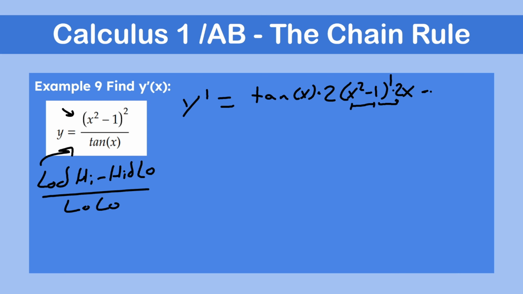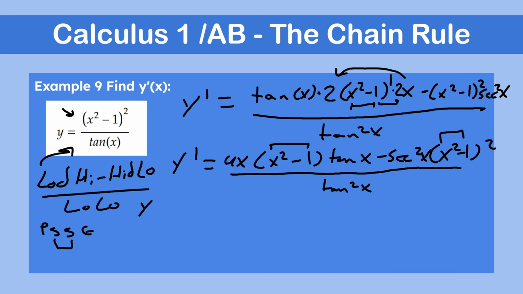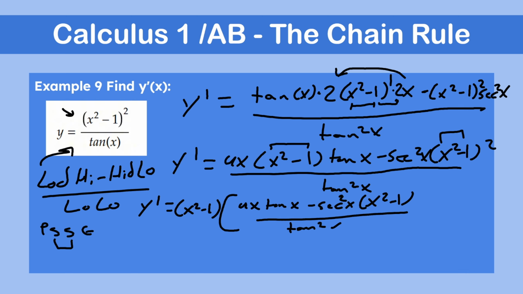As you can see over here, there's common x squared minus 1 terms that we can factor out. So we can say that y prime is equal to x squared minus 1 multiplied by 4x tangent x minus secant squared x multiplied by x squared minus 1 all over tangent squared x.